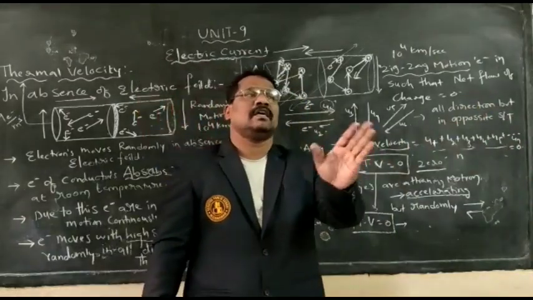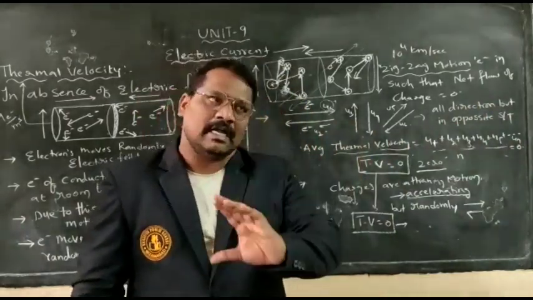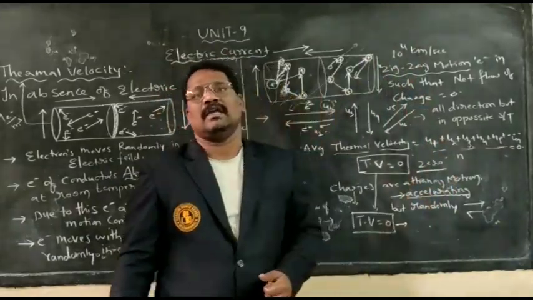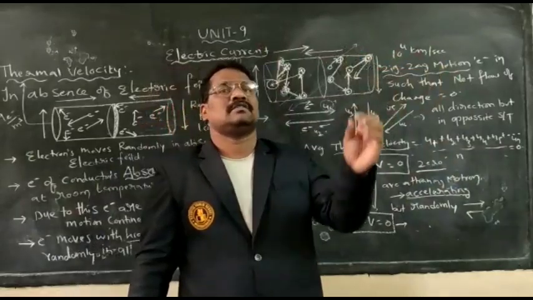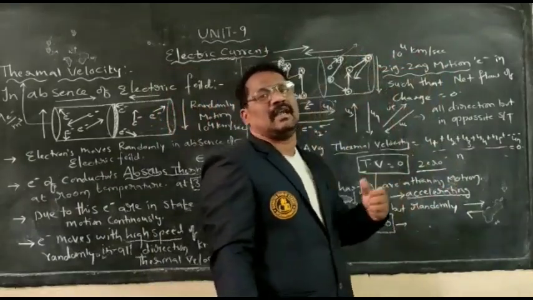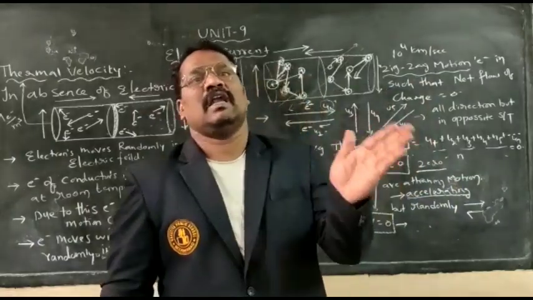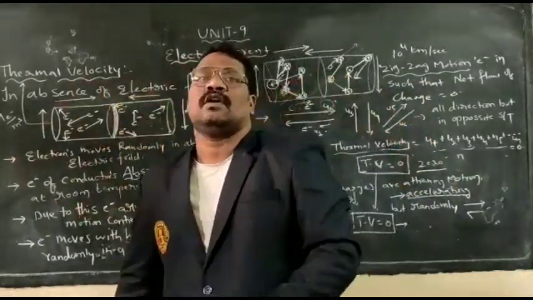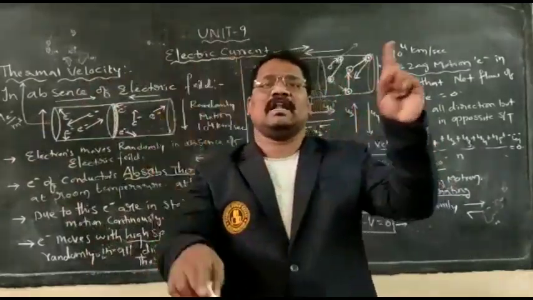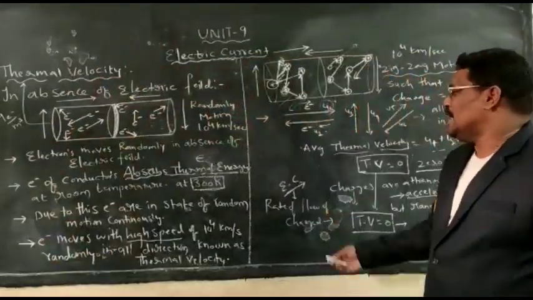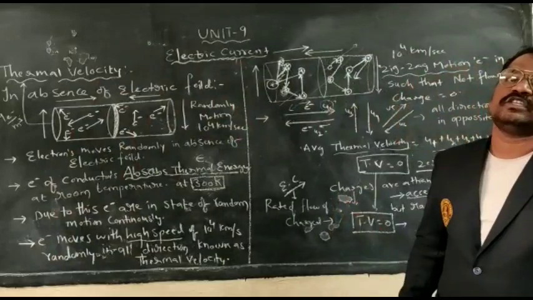Thermal velocity does not allow current to flow through a circuit, as the charge is accelerating randomly in all different directions, so the net flow of charge will be equal to 0.